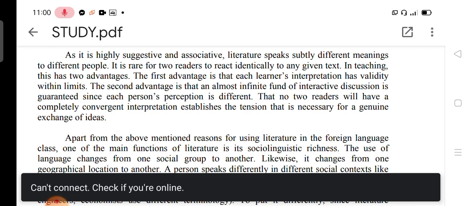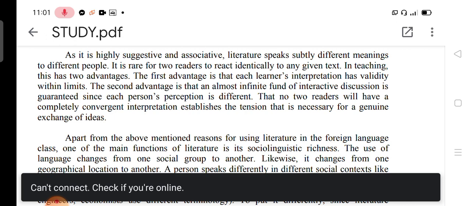So that no two readers will have a completely convergent interpretation establishes the tension that is necessary for a genuine exchange of ideas. It's not just always yes, it's not just always you're correct. Sometimes we say, well, you have a point there.